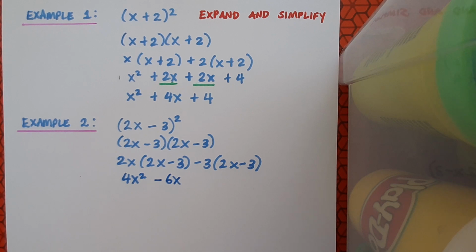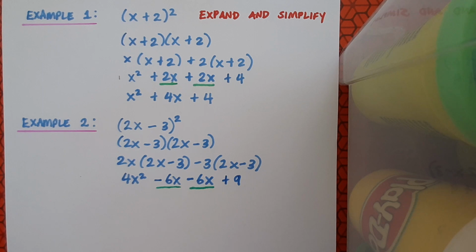So that gives minus 6x. Minus 3 by 2x, negative by a positive gives a negative. I get minus 6x. And finally, minus by a minus gives a positive. And I write plus 9 at the end. And again, notice that same thing's after happening. These two middle terms are identical.